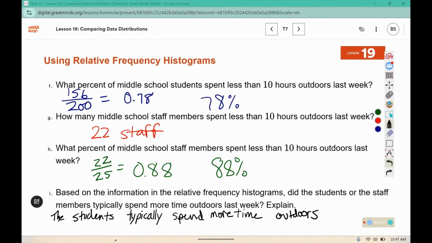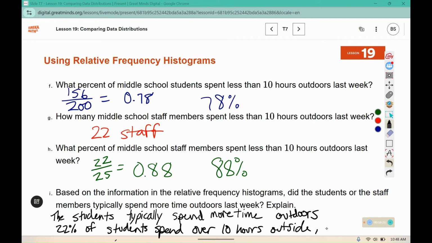If we were to change the way that it's written, instead of saying 78% spent less than 10 hours, that would mean 22% of the students spent more time, because 22 plus 78 makes 100. But 88 plus 12 makes 100.